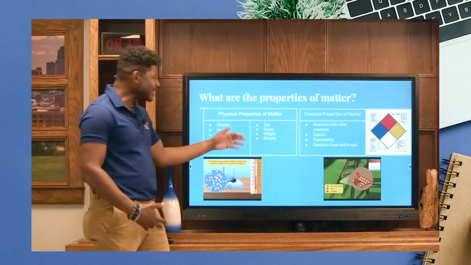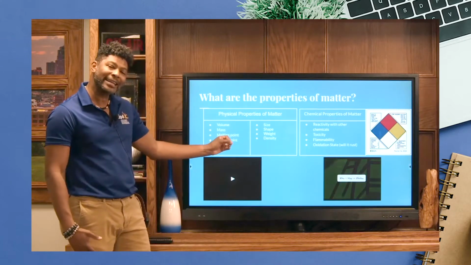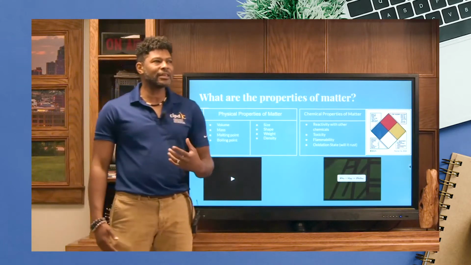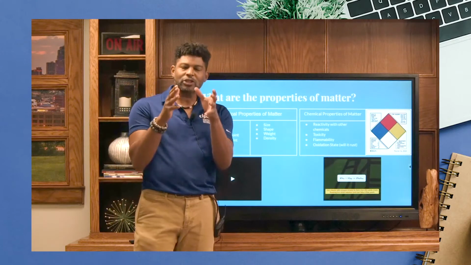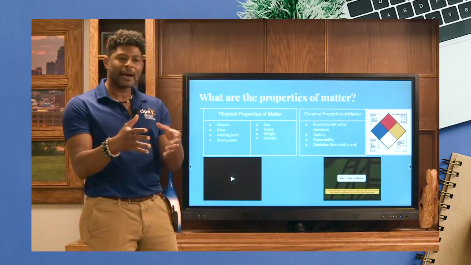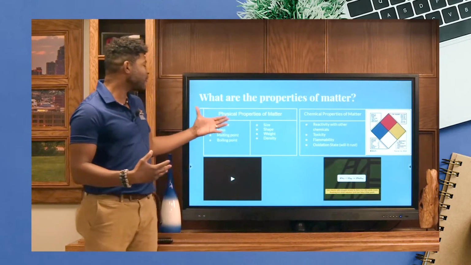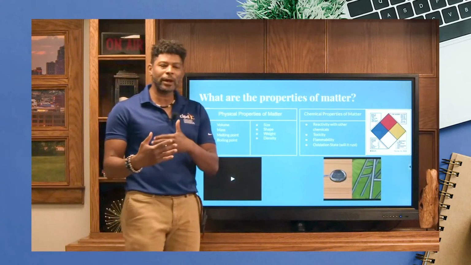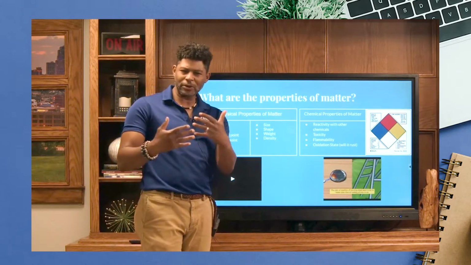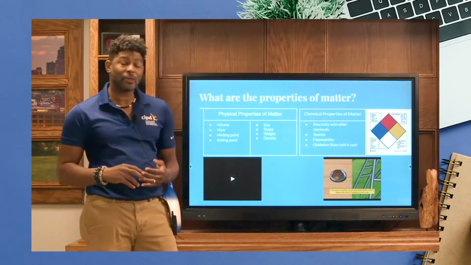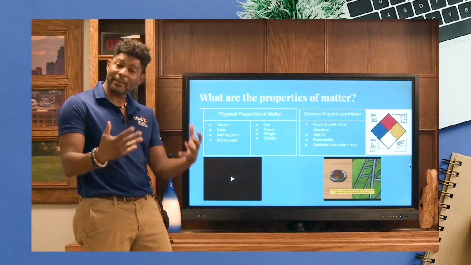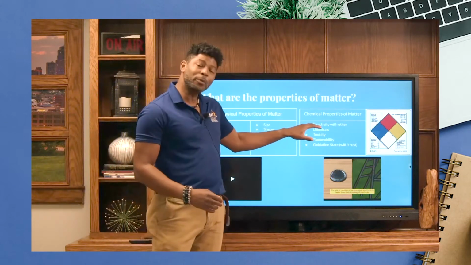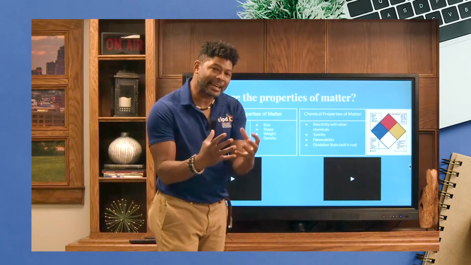But more important, size, shape, weight, density. These are things that you can use to describe something. I always tell people, when you think about physical properties, think about the way that you meet someone. You can notice what they're wearing, or the way that their hair is styled, or something of that nature. Chemical properties are what's inside, okay?